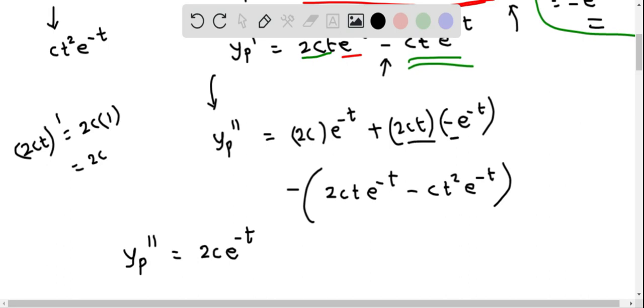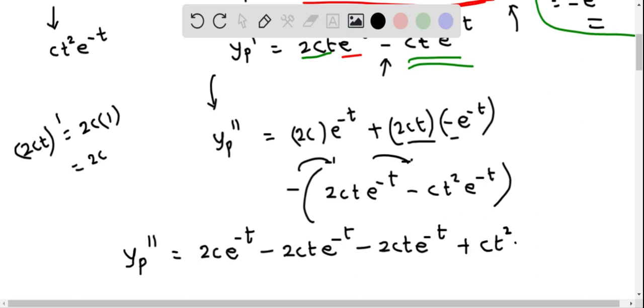We have a negative here, so it will be negative of 2ct e power negative t, and we distribute this negative inside the two terms, so it will become negative 2ct e power negative t, and negative times negative is positive, so this becomes positive ct square e power negative t.